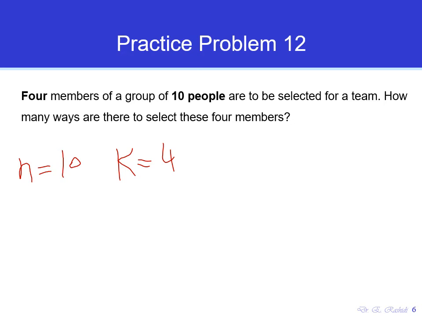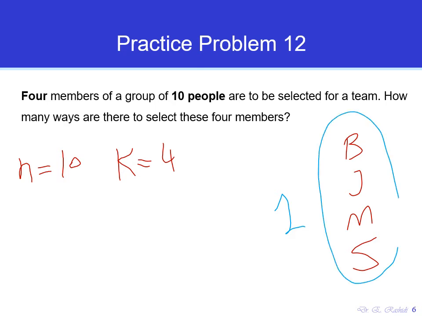So suppose that I have picked Bill, Jack, Margaret, and Sarah. How many teams or groups can I make with these 4 people? Only one. I can put all of them in one group, and that would be one team, one group.